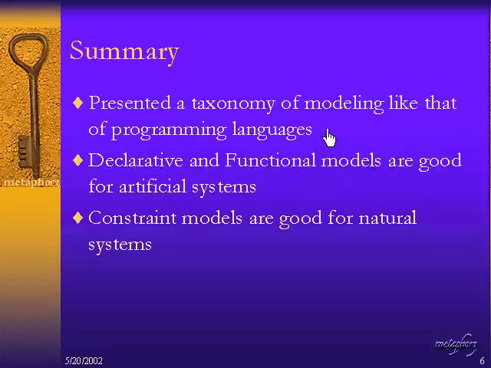We've described an overall approach for modeling and simulation that uses model structures whose categories mirror that of programming languages: declarative, functional, and constraint. In this way, modeling for dynamical systems and programs can be viewed in the same light. Programs are types of dynamic systems as well.